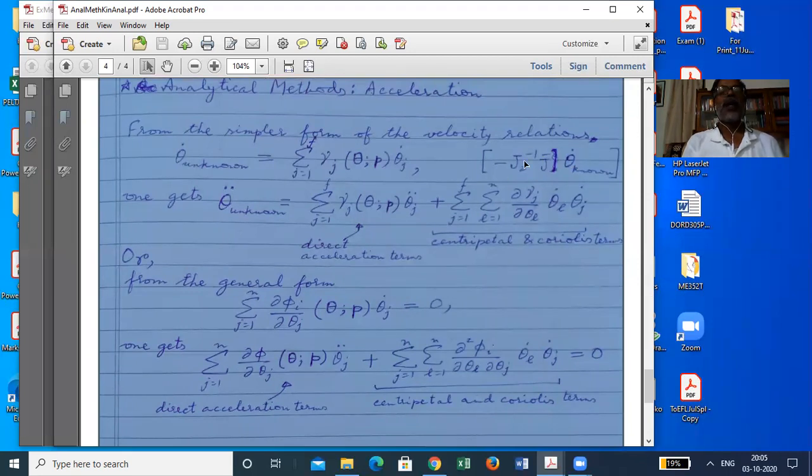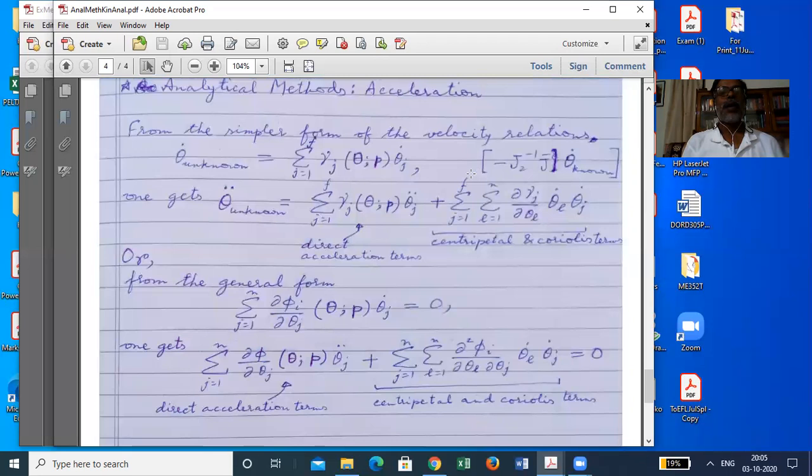Okay. So if you differentiate this, then you will get this directly, that is this times theta double dot plus derivative of this with respect to theta L times theta L dot. So over L also you have to sum them. So it will be a double sum.